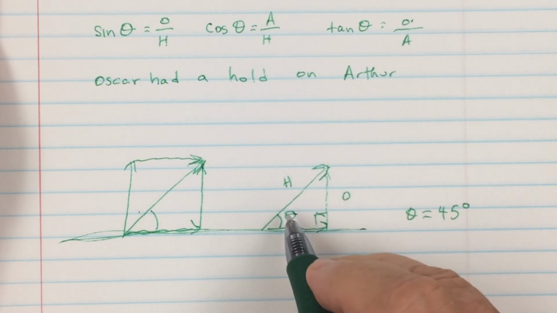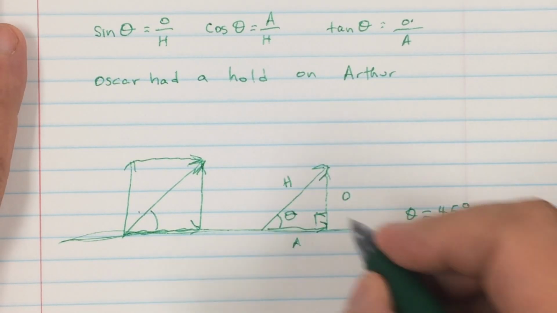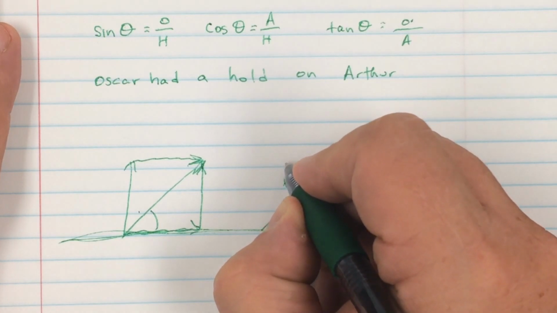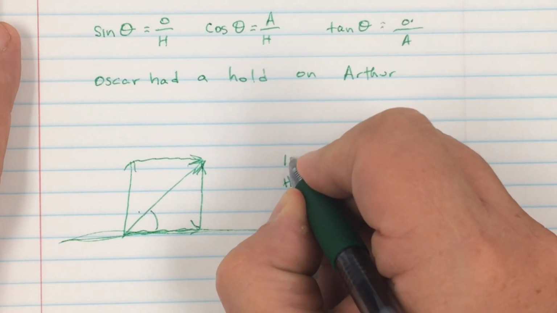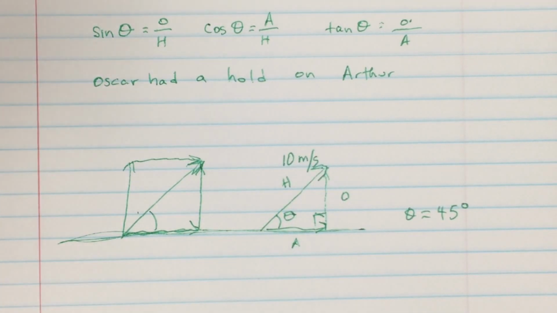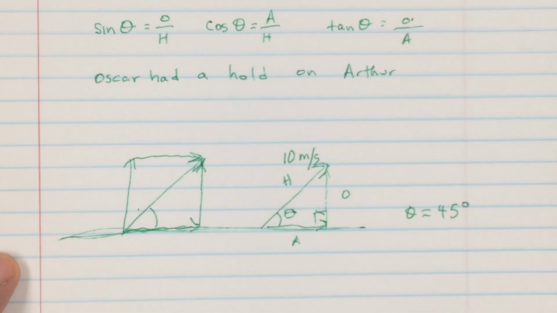And let's say I'm throwing it at 10 meters per second. That's how fast it's going. Let's say it has a velocity of 10 meters per second.